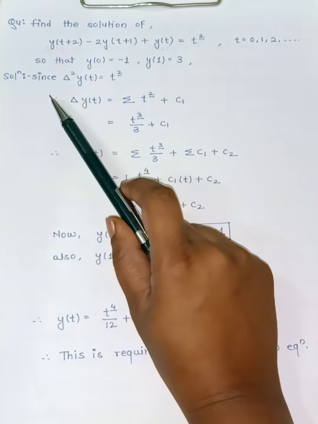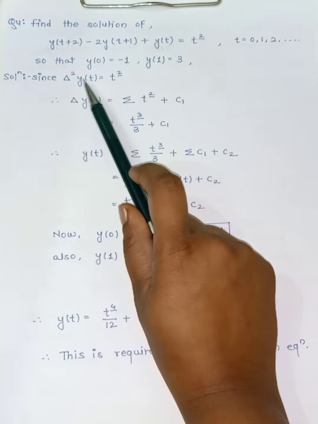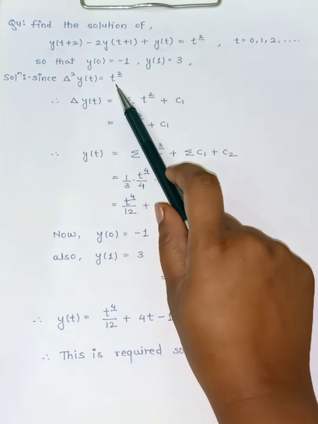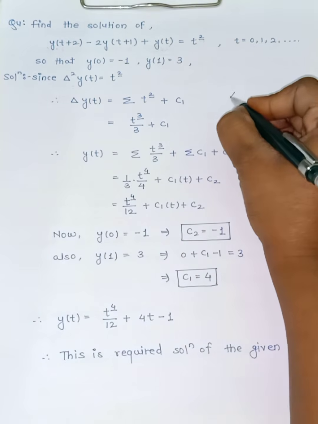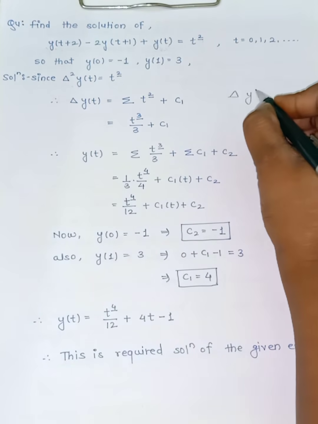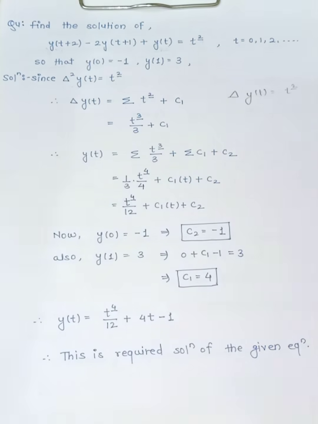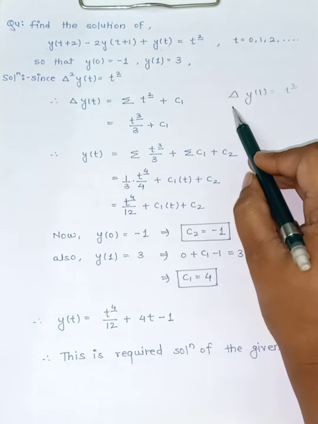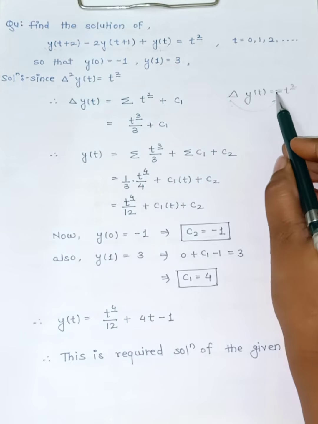We know that if delta is applied on y of t and we shift this to the other side, it becomes summation. That is, if we have delta y of t and here we have t to the falling 2, if we shift this delta to this side, it will become summation.